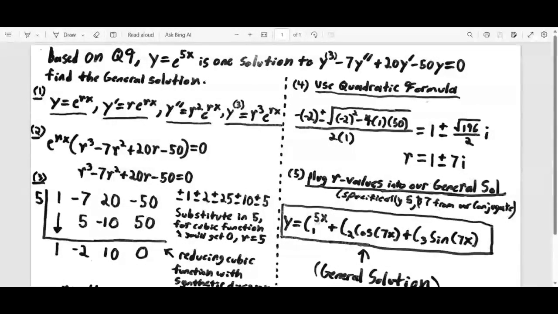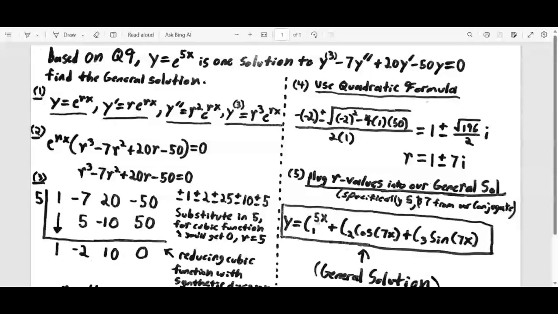Okay, so I did a version of question 9 for this chapter, similar to Ryan's, and the question is as follows: y is equal to e to the power of 5x is one solution to the third derivative of y minus 7y double prime plus 20y prime minus 50y is equal to 0.